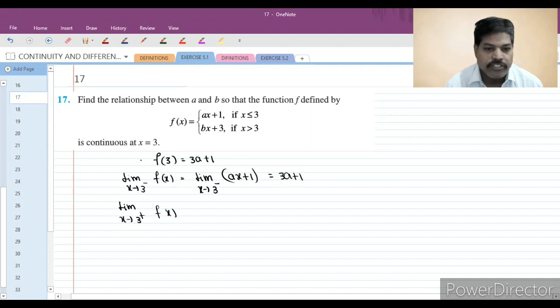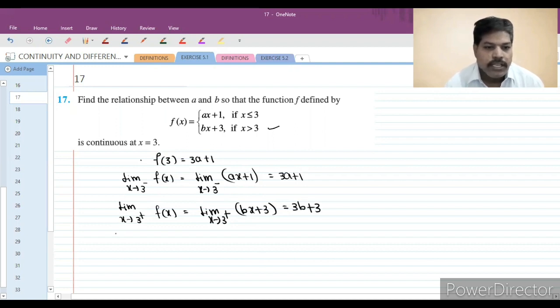For x greater than 3, f of x will become bx plus 3. Apply the limit, and it will become 3b plus 3.